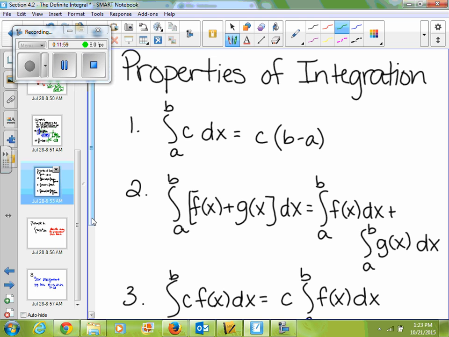The first property, number 1, tells you the integral from a to b of c dx, of any constant, is just that constant times b minus a. The integral of f of x plus g of x, so if you're adding two functions, you can just break it up into the integral of f of x plus the integral of g of x. Just split up all your different pieces.